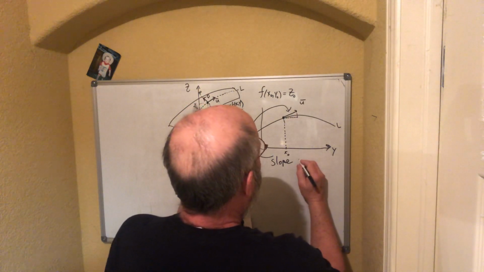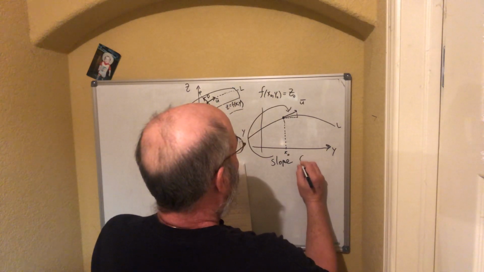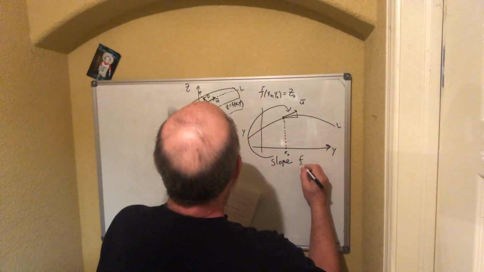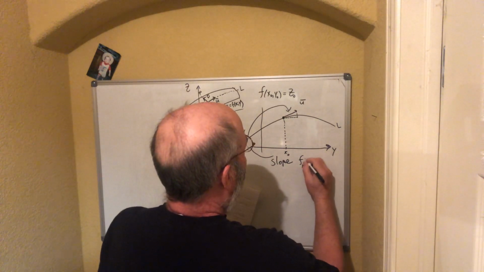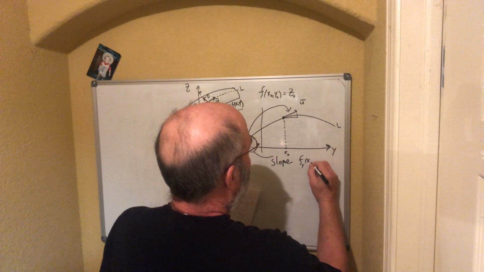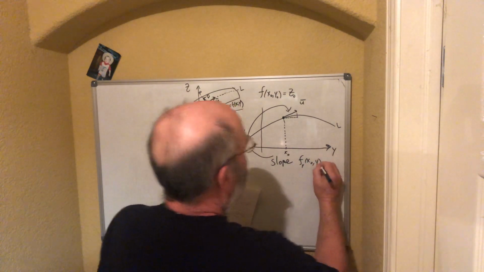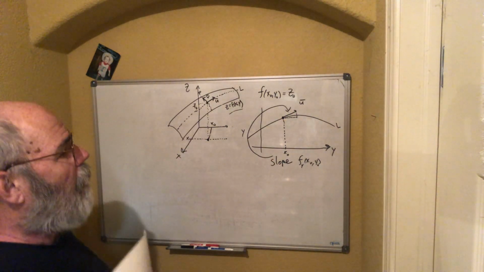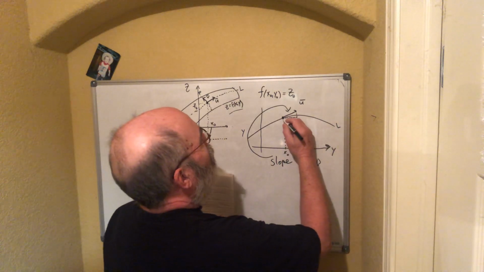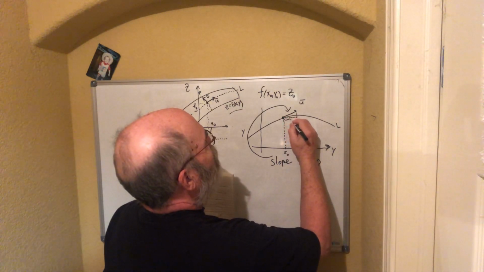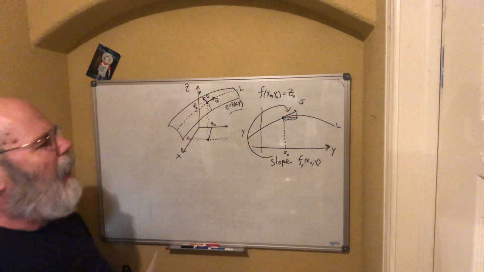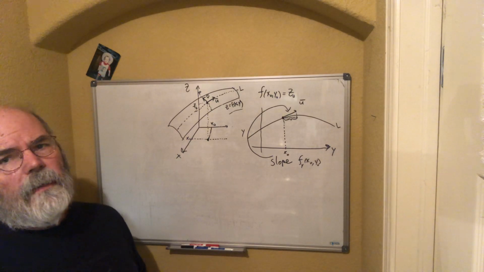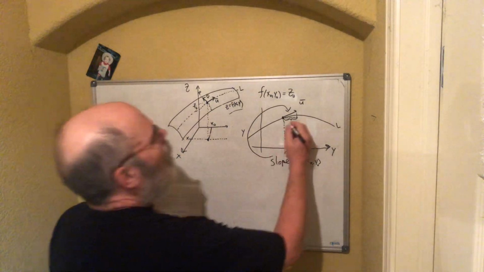So this would be the partial derivative with respect to y evaluated at the points x naught, y naught. Like that, okay? Now, when we're writing down vectors, I don't really care here how long u is. Doesn't have to be a unit vector here. It doesn't really help us all that much.